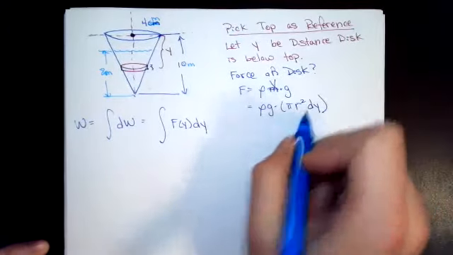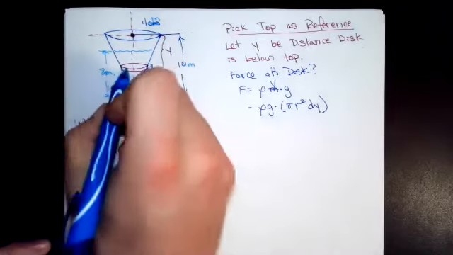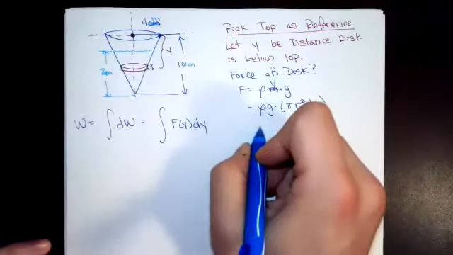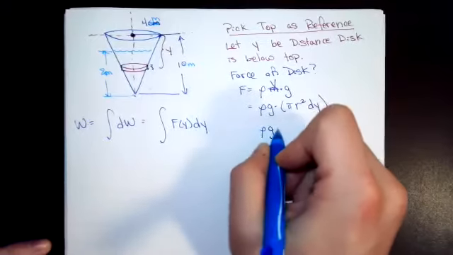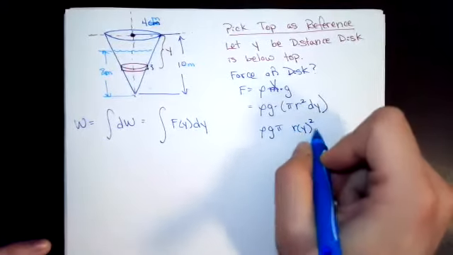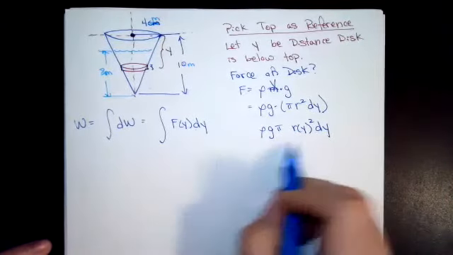But the key important thing is, now I need an equation for the radius and how the radius of the disk is changing. So actually a better notation might have been something like rho g pi, the radius as a function of its depth, y, is what we need.